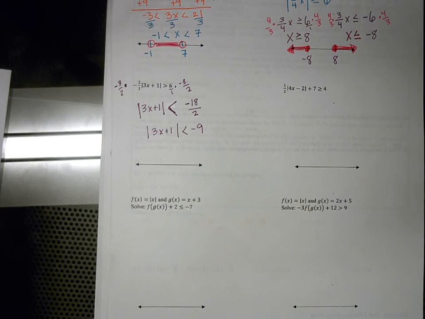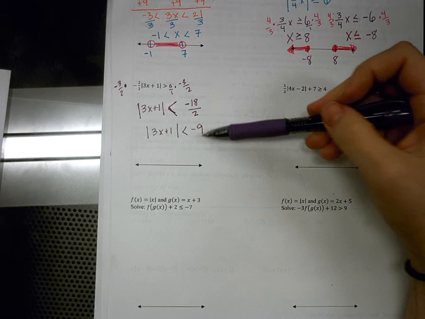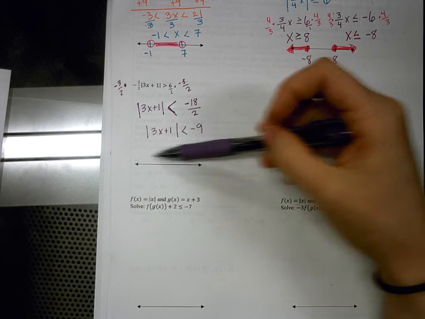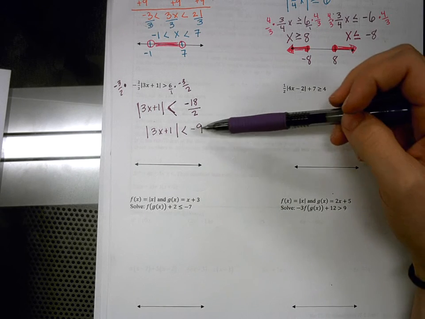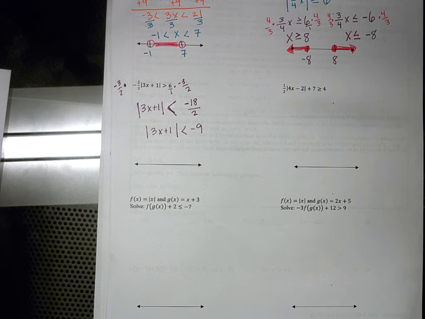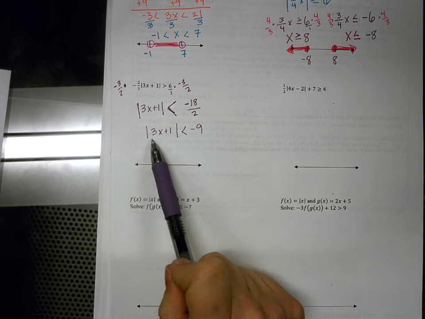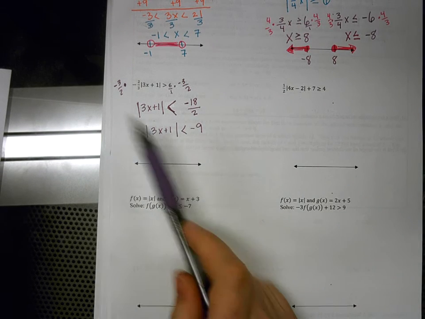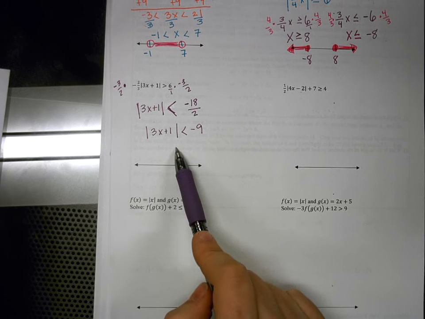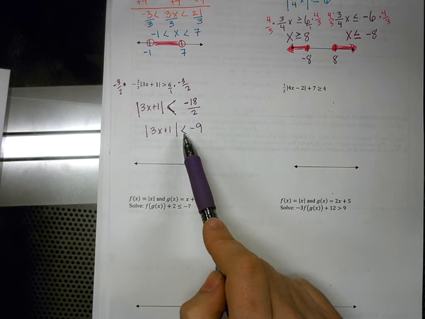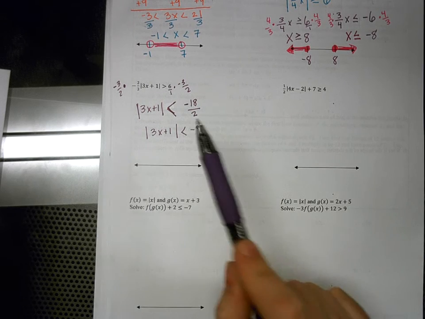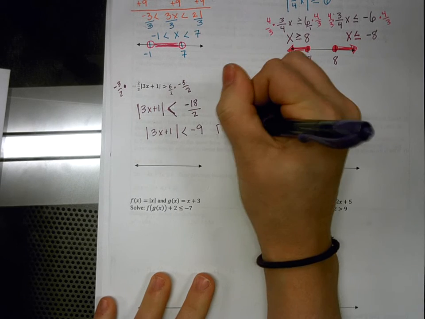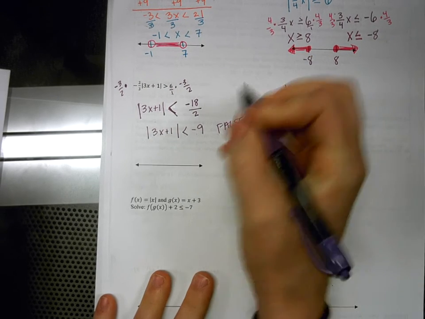I said when your b value, which is the number on the right-hand side after you've isolated your absolute value, is a negative number, it's a special case. So let's think about it. Which special case is it? Can an absolute value ever be less than a negative number? No, never. So this is false, which makes my answer no solution.